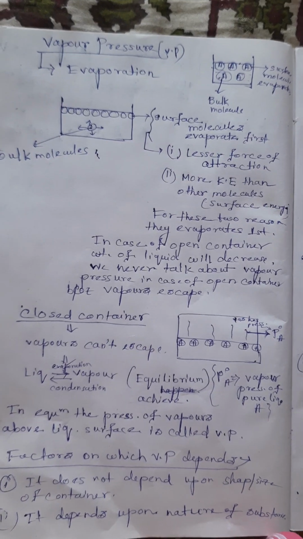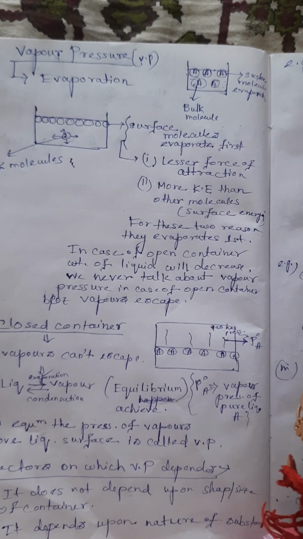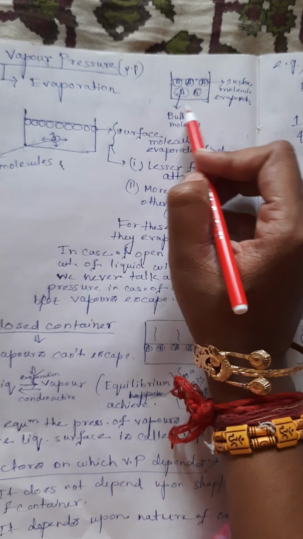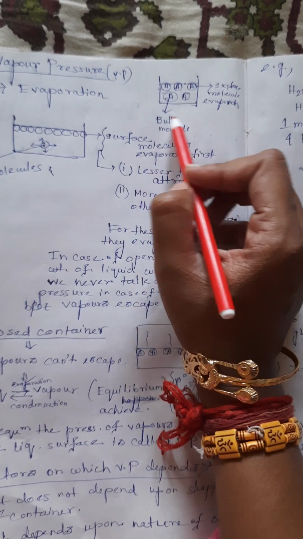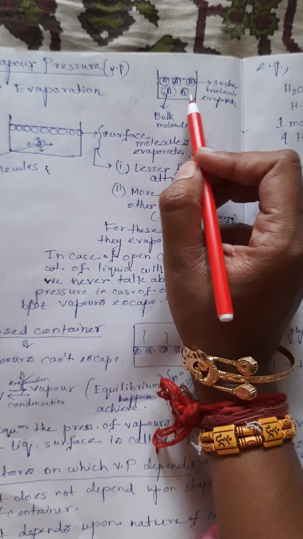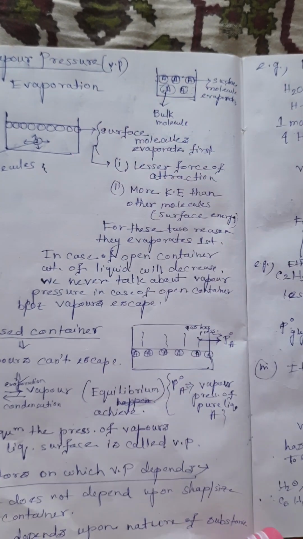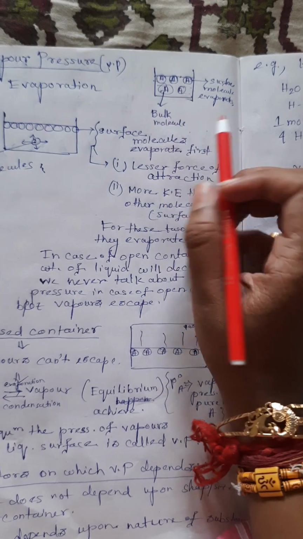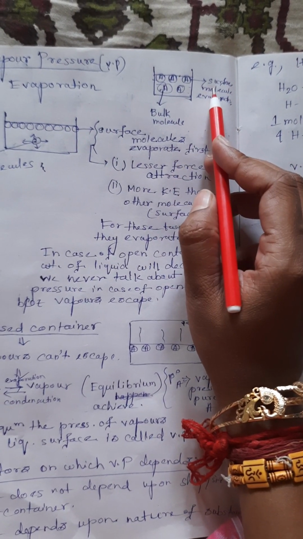First of all, we will discuss the bulk molecules and the surface molecules. See, this is an open container. We have taken some solution. Okay, see, first of all, a solution means there are many molecules of solute and solvent present. Now there are two types of molecules present: bulk molecules and surface molecules. Is this clear?